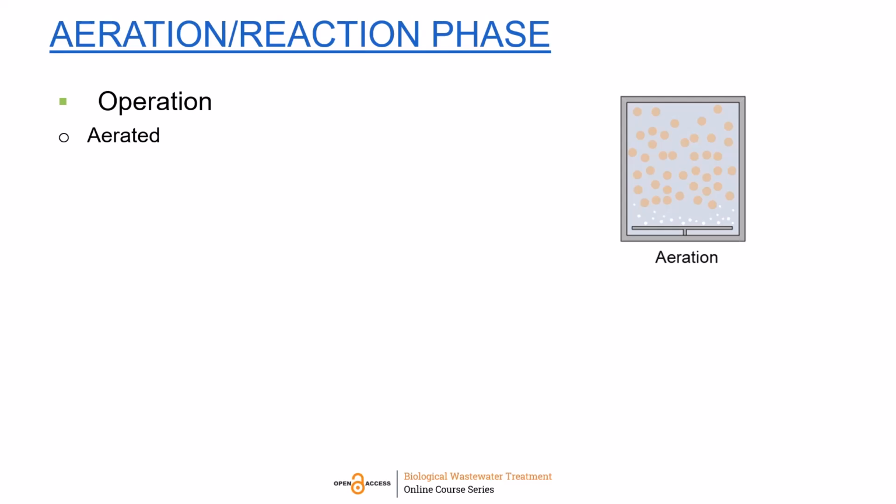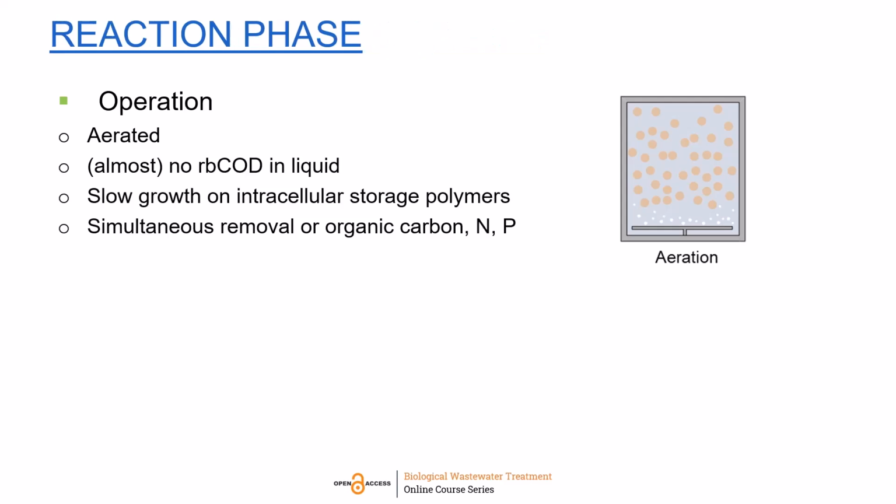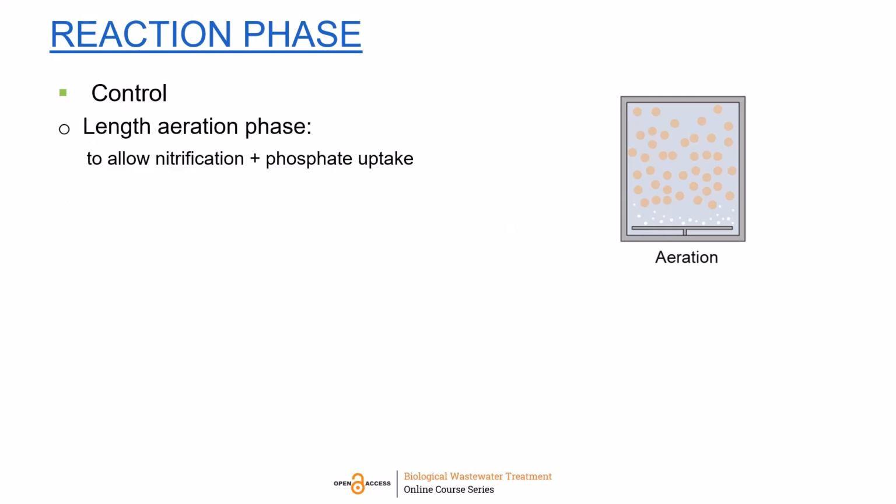Next comes the aeration phase. In this phase, there is almost no readily biodegradable organic carbon left in the liquid. There is slow growth on intracellular storage polymers and simultaneous removal of organic carbon, nitrogen and phosphorus, as we have discussed earlier. The length of the aeration phase is controlled in order to allow nitrification and phosphorus removal.